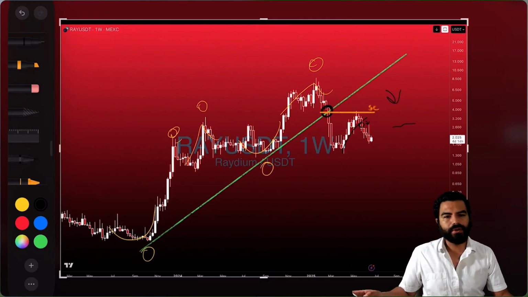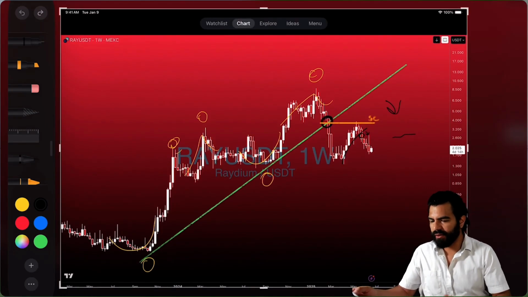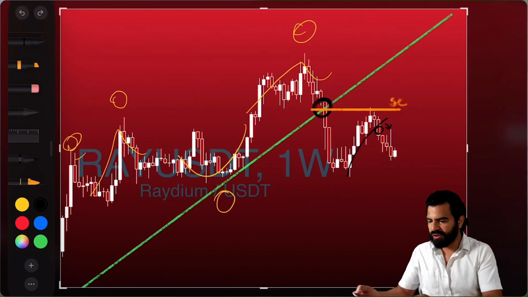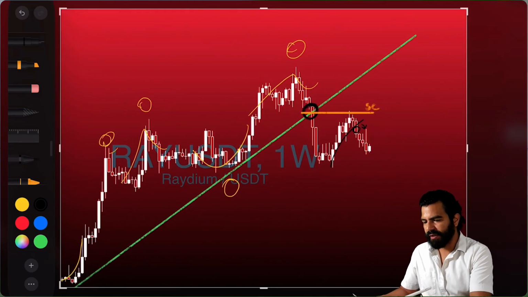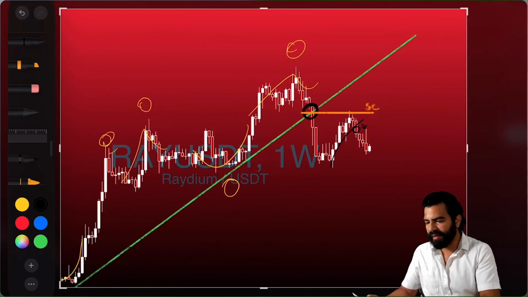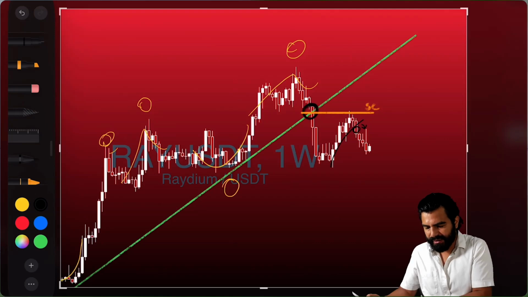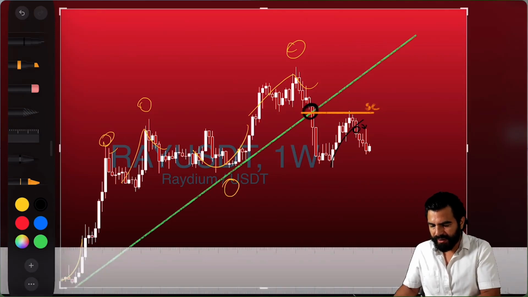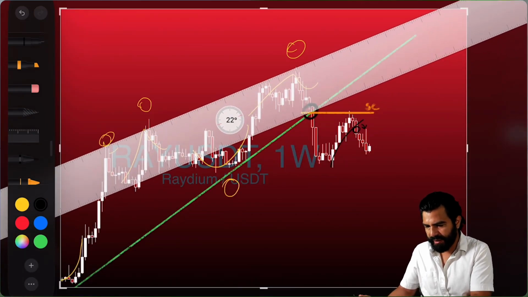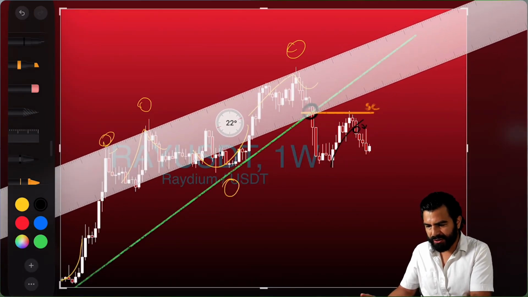And the next health or support is going to come in here, on the upper energy center. So we're going to take these upper energy centers, whatever angle that is, and we're going to mark that as our event angle. In this case, it's quite easy to draw. It's going to be an angle something like this.